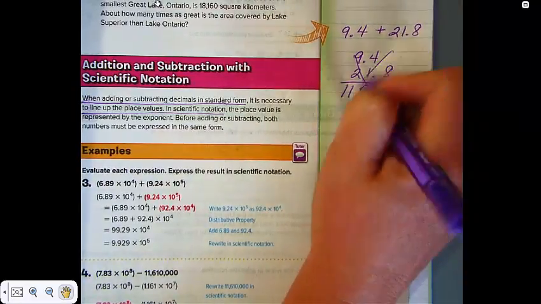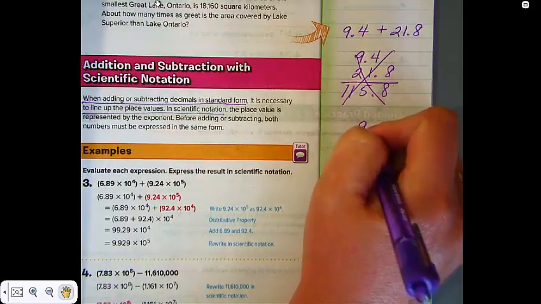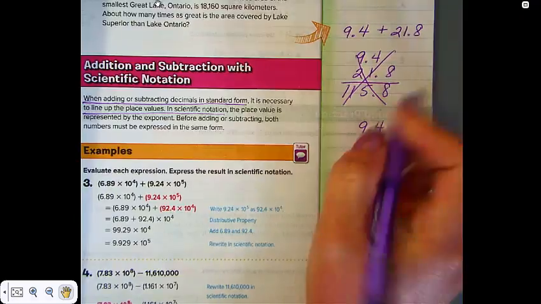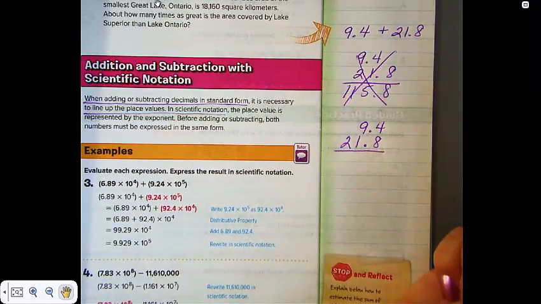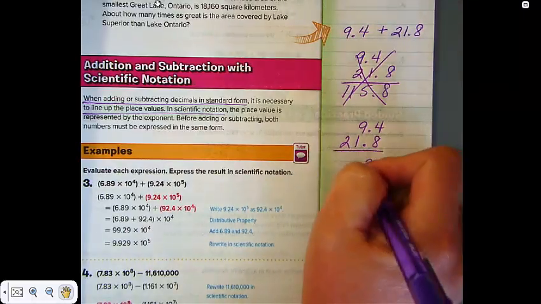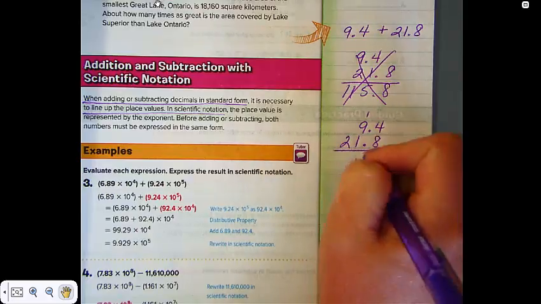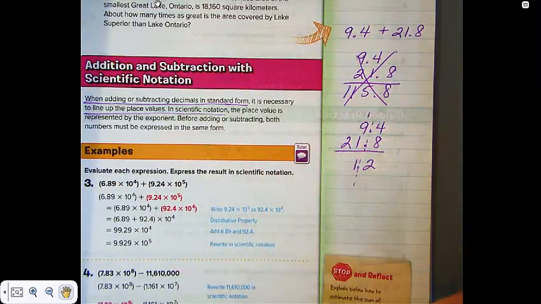That's incorrect. I lined up my decimals incorrectly. If I line them up correctly, I want the decimals to be in a perfect line together. This is how I would add these two decimals together. And again, my decimal goes in the same place in the answer. My decimal should be all along a straight line.